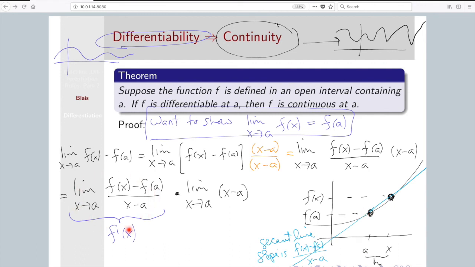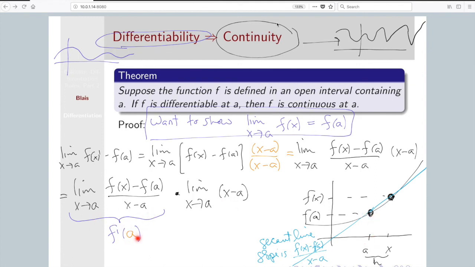So point is that this exists because f is differentiable at a. Sorry, I made one slight mistake there. This is actually f prime of a. And this limit here, yeah, so this is at a, this f prime.